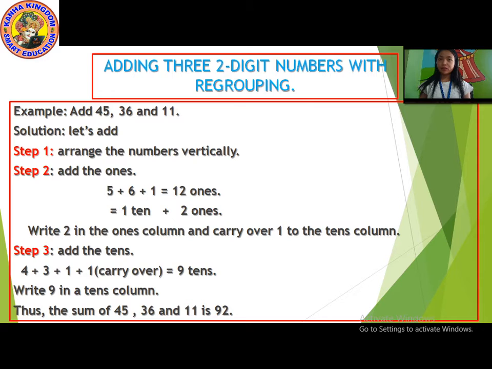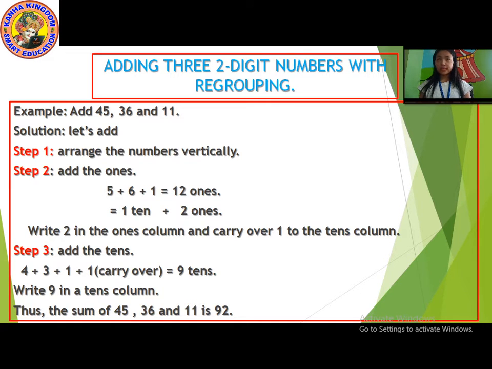Like in the number 45, 5 is the digit which is present in the ones place, right? So we should take 5 from 45, and in the number 36, 6 is the digit in the ones place, so we should take 6 from 36, and in the number 11, 1 is the digit in the ones place, right, student?